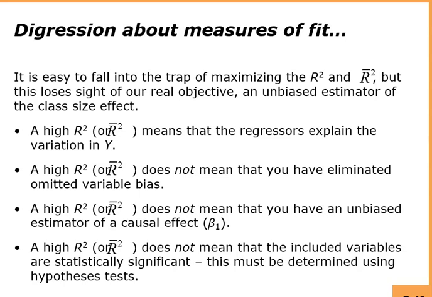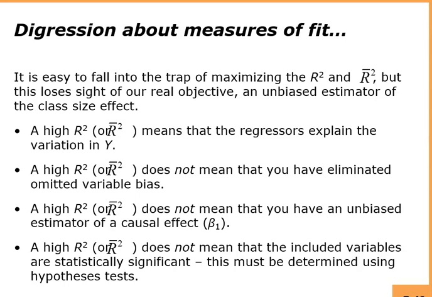Similarly, a high R-square or adjusted R-square does not mean that you have an unbiased estimator of a causal effect, beta 1. Once again, the causal effect will be determined by whether the variable for which the coefficient beta 1 is estimated is correlated or uncorrelated with the error term. And the last one is that a high R-square does not mean that the included variables are statistically significant.